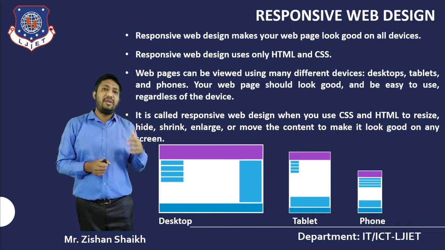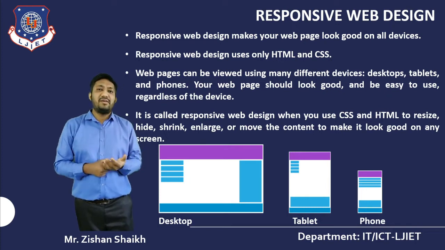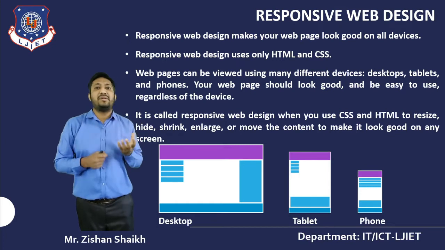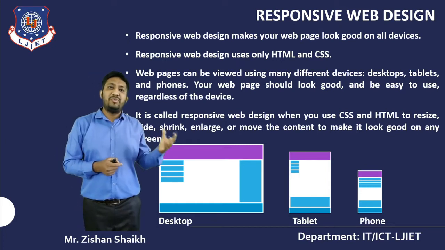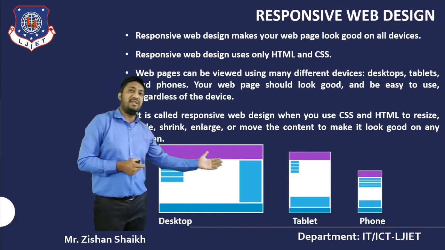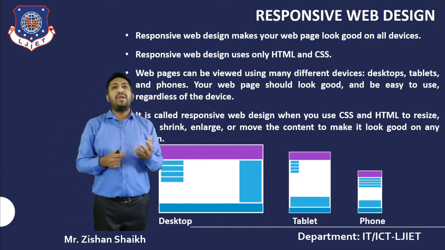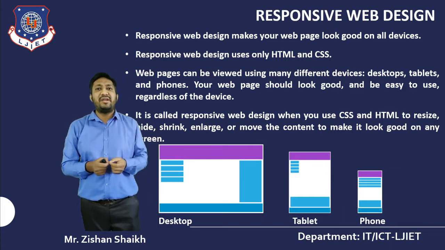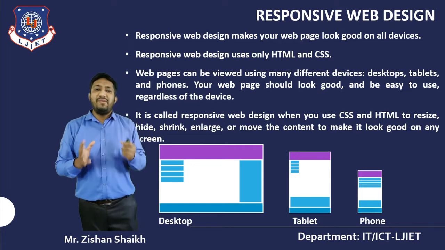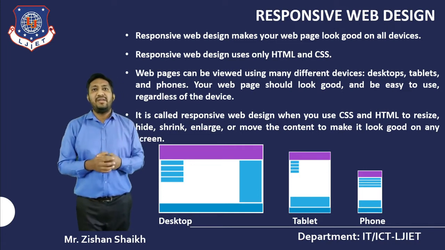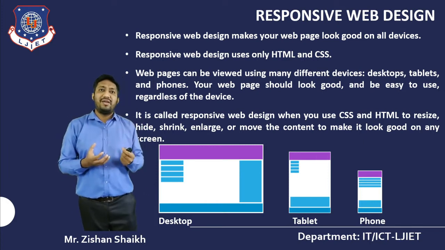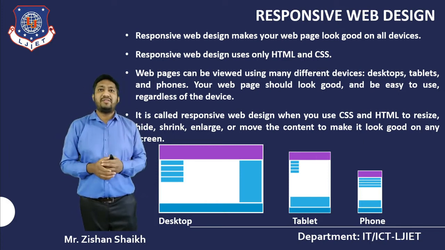Responsive means that according to the device, our design can be adjusted. Suppose you are seeing something on your desktop, maybe on your tablet or phone. If your design adjusts to that particular screen type, then we can say it is a responsive web design. A responsive web design makes your web page look good and be supported by all devices.